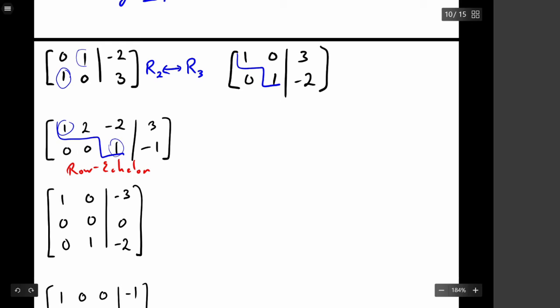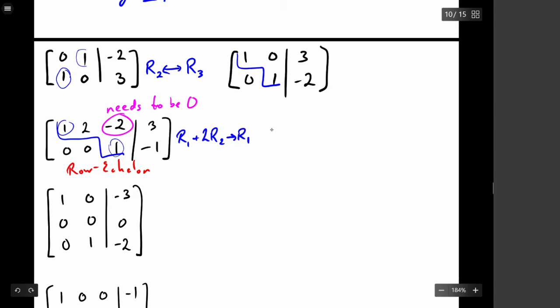When it comes to reduced row echelon form, the issue we have is this thing. This needs to be 0, right? Because again, any column that has a leading 1 in it, everything else in the column needs to be 0. So how do we fix this? Well, we do row 1 plus 2 row 2, replacing row 1.